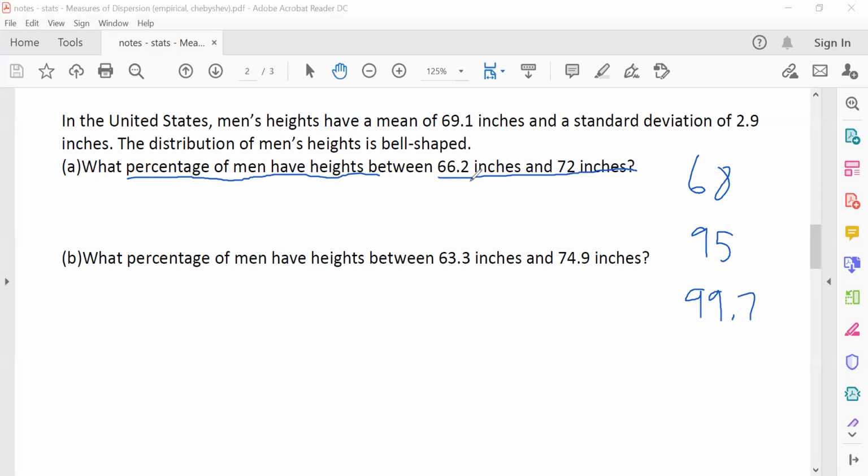These numbers don't just get pulled out of nowhere. 66.2 is exactly one standard deviation below the mean. Don't believe me? Take the mean, 69.1, subtract 1 standard deviation, and you're going to get 66.2.